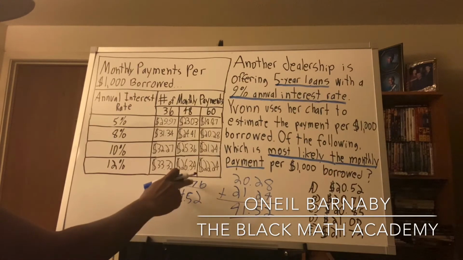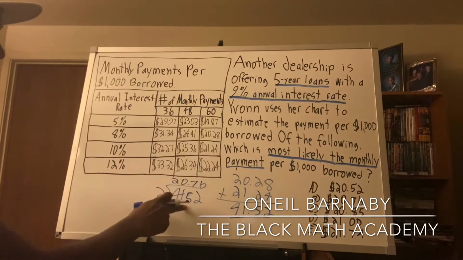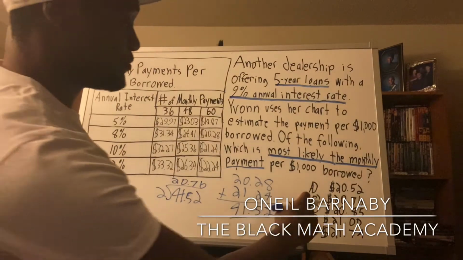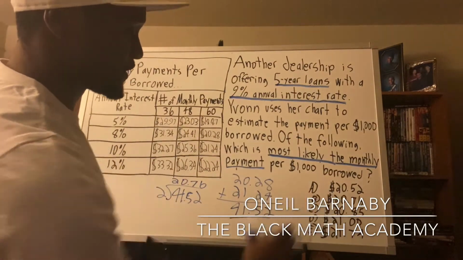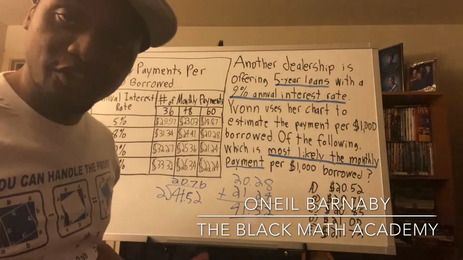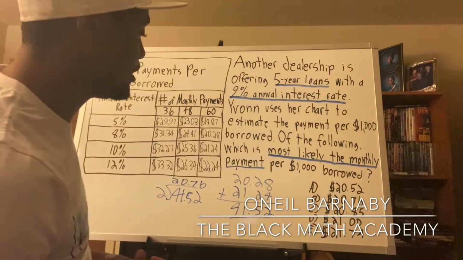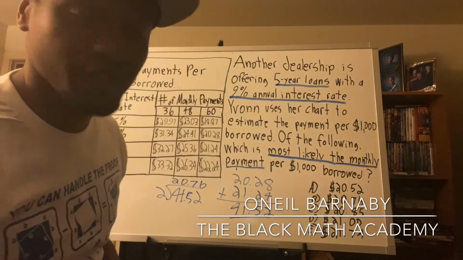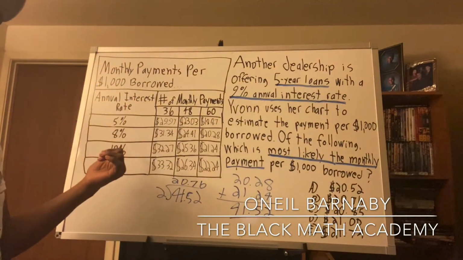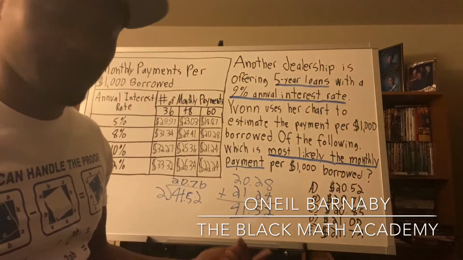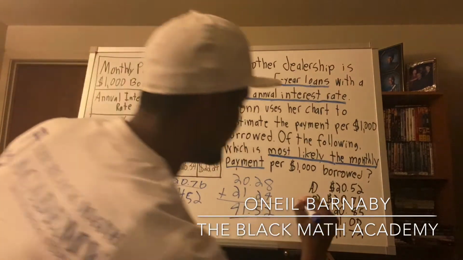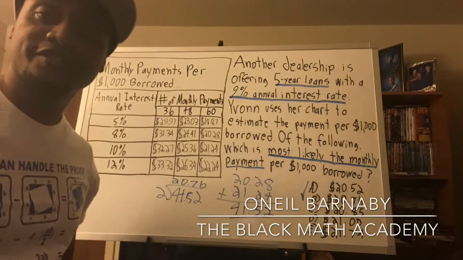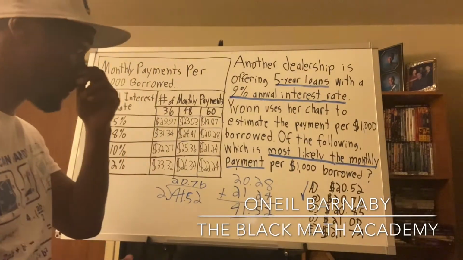So 20.76. So our choice B, $20.76, is what's most likely going to be her monthly payments, given the fact that they're looking for a 9% annual interest rate, and we couldn't locate it on the chart, but we used the information at hand to get there. So choice B, $20.76, is the correct answer.